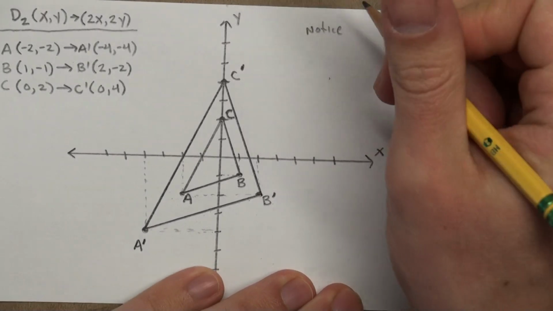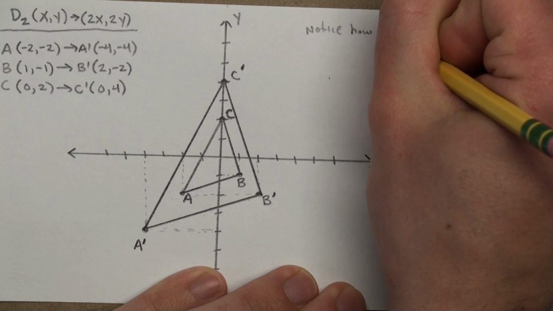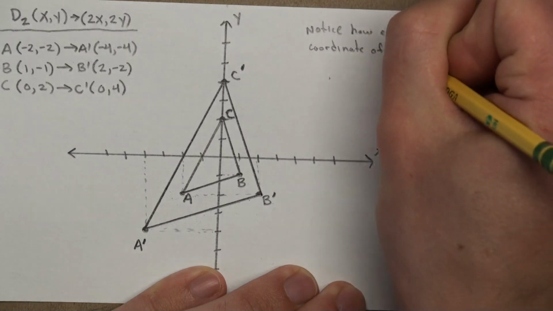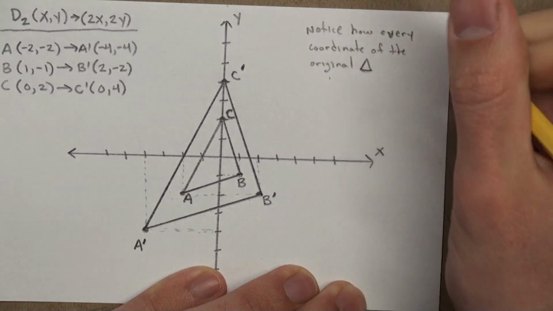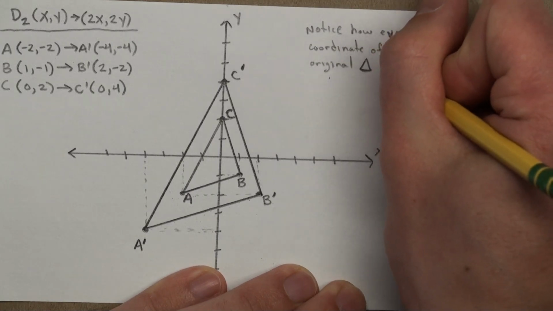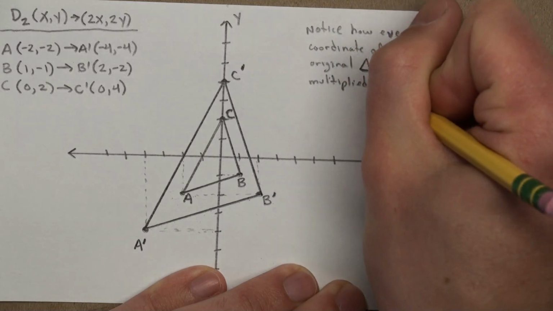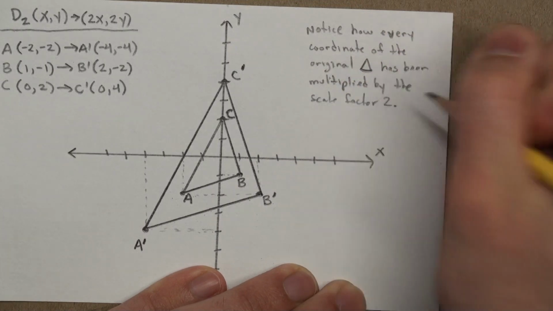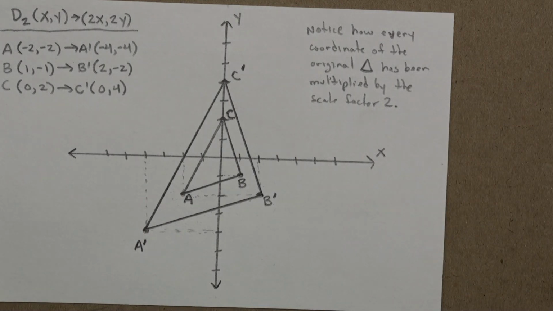Notice how every coordinate of the original triangle has been multiplied by the scale factor. Okay, so that's good for example 1.